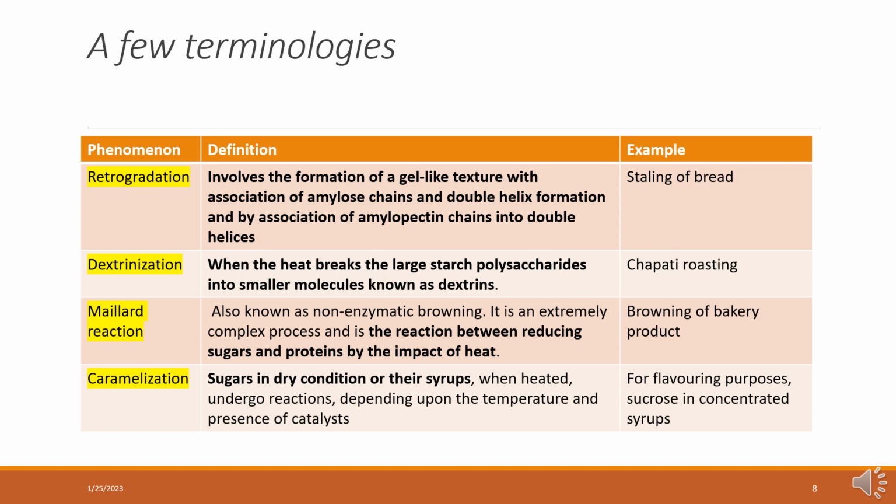Then the Maillard reaction happens mostly in bakery products like baking of cake or biscuits and cookies. In a starch plus protein mixture, the bakery mixture is mostly flour, which consists of both starch and protein, along with sugars and so on. It happens because the amino acids from the protein and glucose or any sugar from the starch molecules react and form something like a glucosamine, and that gives a browning color to the baked products.